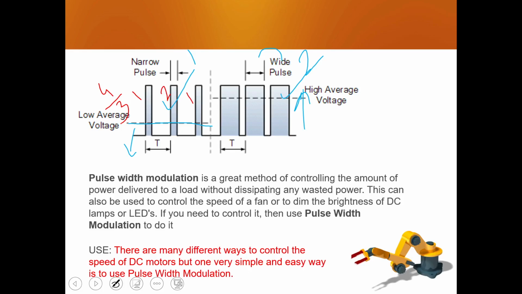So the average will be less, something like 1 point something. Now since the width is thick, let's take it as 10, 8, 10.